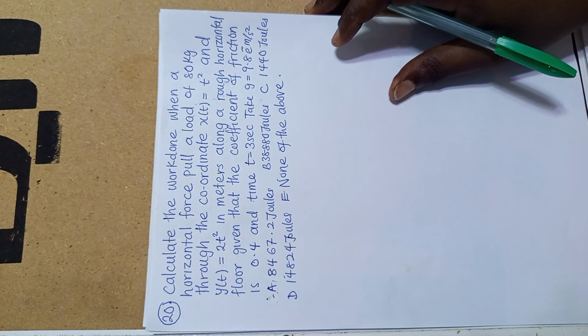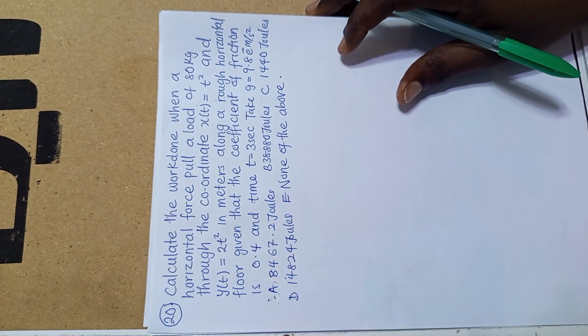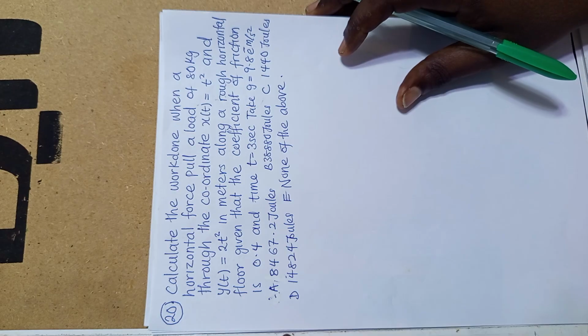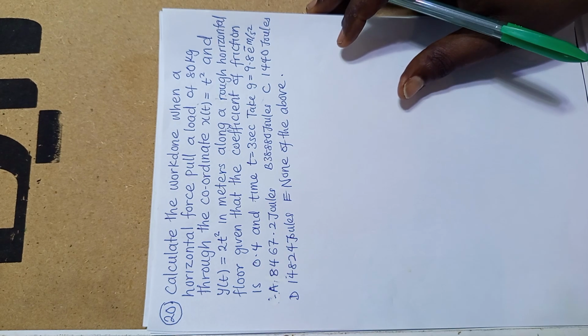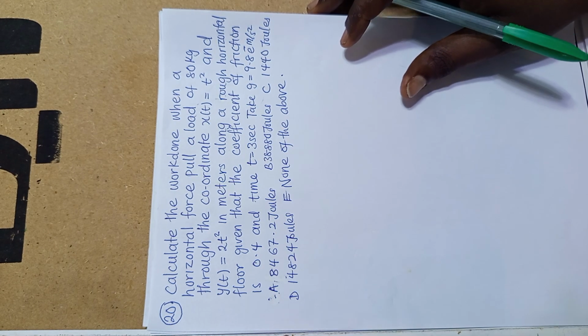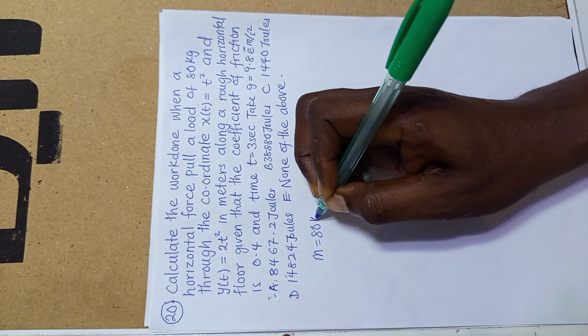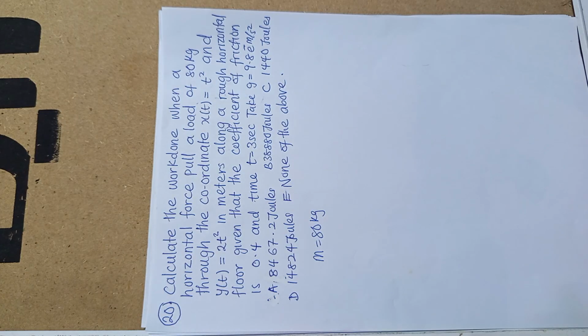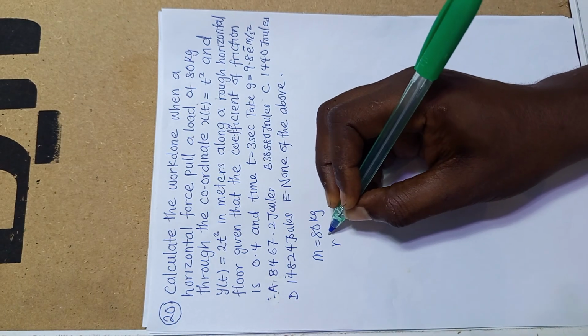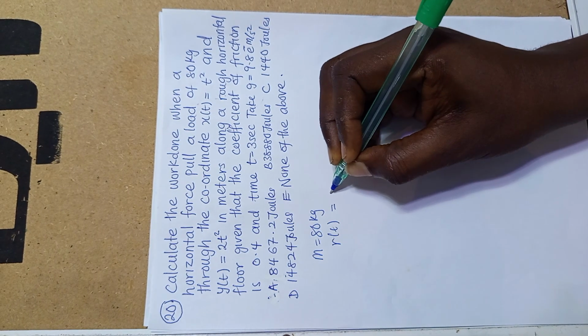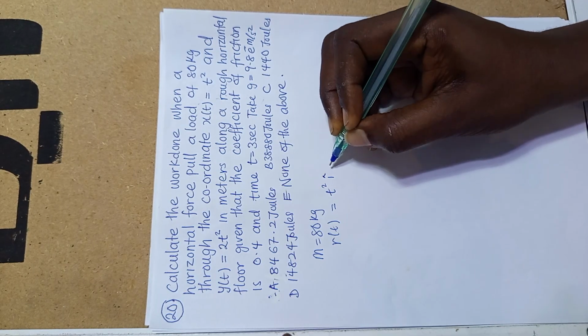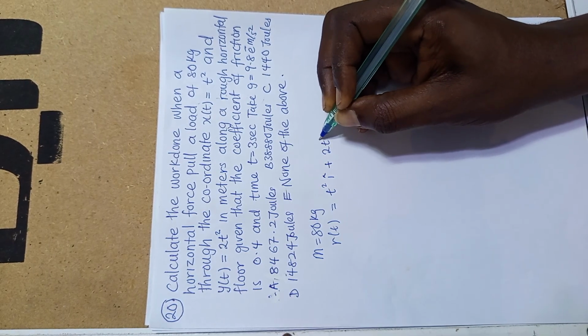Welcome to part 3 of dynamics. This one says: calculate the work done when a horizontal force pulls a load of 80 kilogram, m equal to 80 kilogram, through the coordinate r of t equal to t squared i plus 2t squared j.